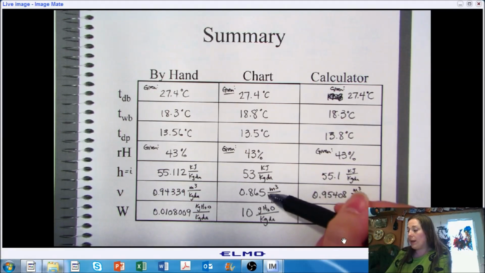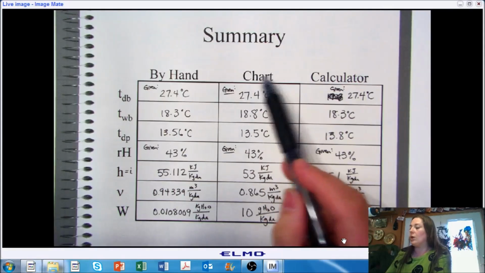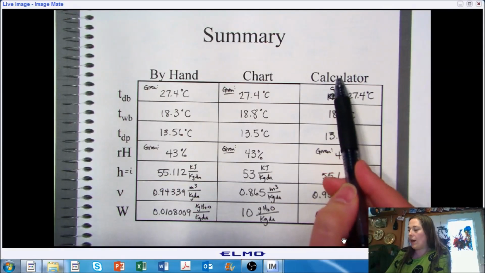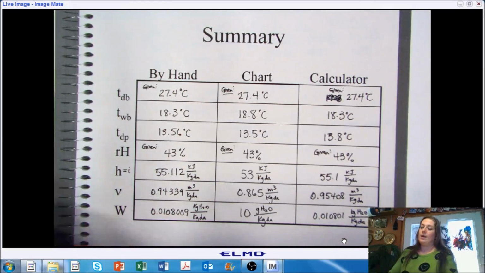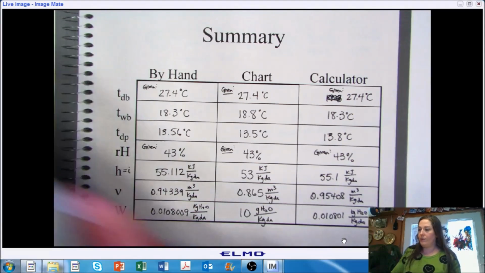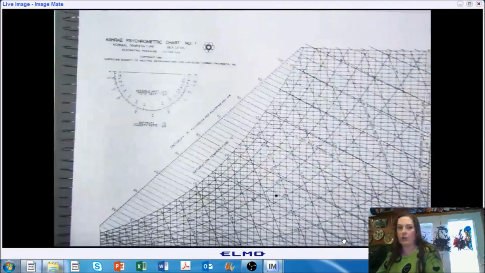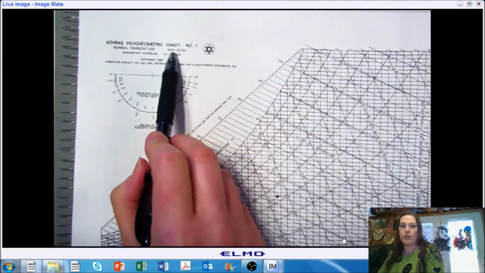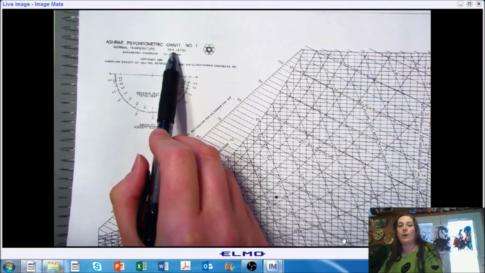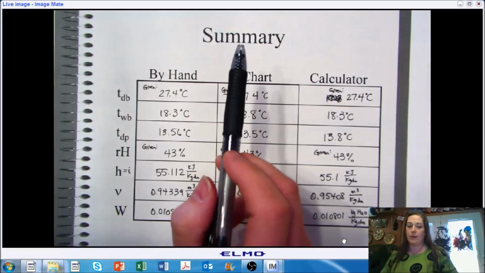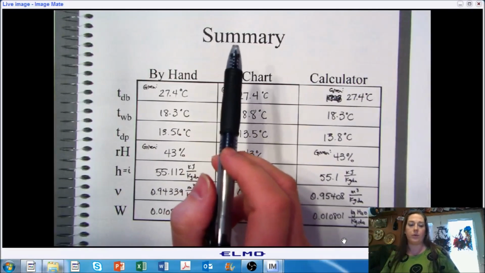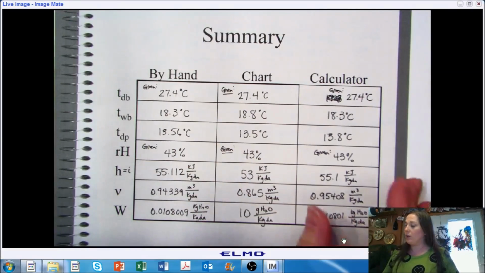Now let's think for a minute, what is different about the psychrometric chart from both the equations by hand and the calculator? The chart that we used is a chart for sea level. So let's go back to our chart and just take a look. Right there, our chart is for sea level, but our atmospheric pressure tells us we're not at sea level. So we're not at 101.325 kilopascals, we're at 92 kilopascals.